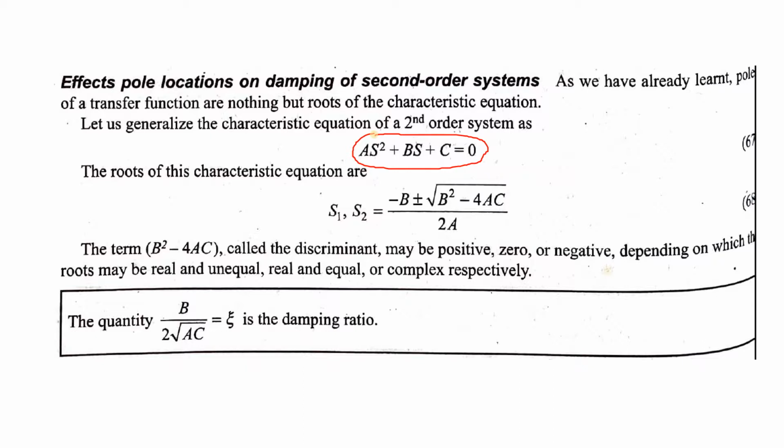In your school level you have all studied that to find the roots of a second order equation we use the Sridhar-Acharya formula. Obviously there will be two roots, so we call them s1 and s2. It is nothing but minus b plus minus root over of b square minus 4ac, by 2a. Okay, sorry.